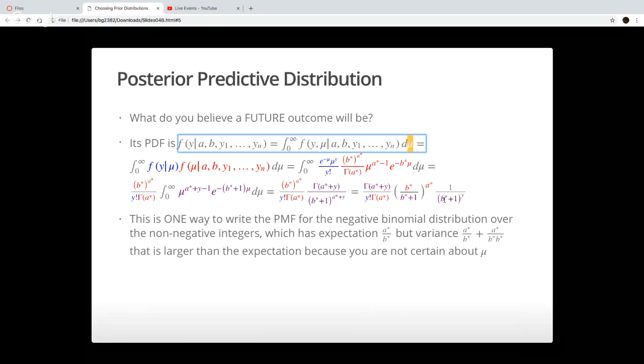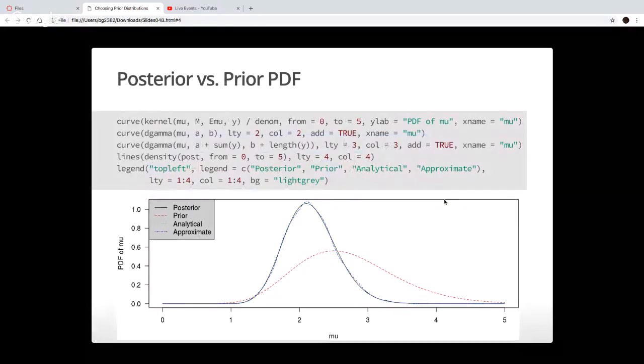But you don't know what mu is exactly. You still have a considerable amount of uncertainty about what mu is. And so when forming your predictions about how many people live in an apartment or a house that you haven't been to yet, you have to propagate your uncertainty about mu into your predictions.